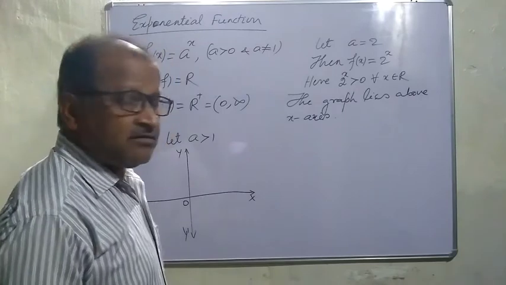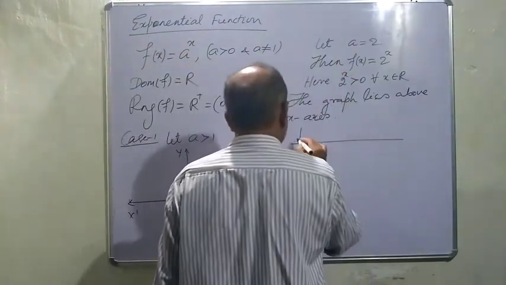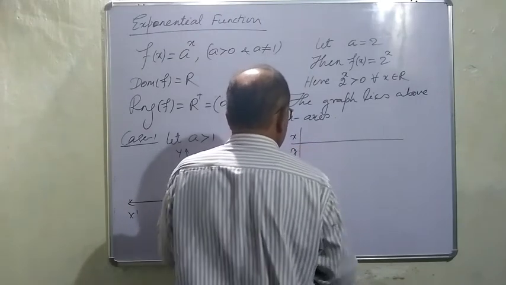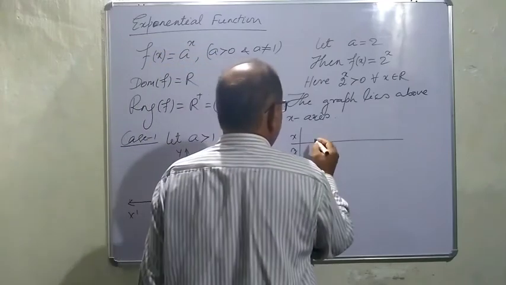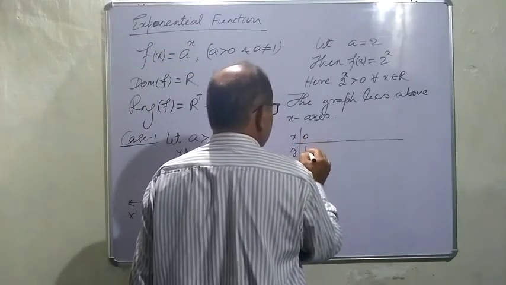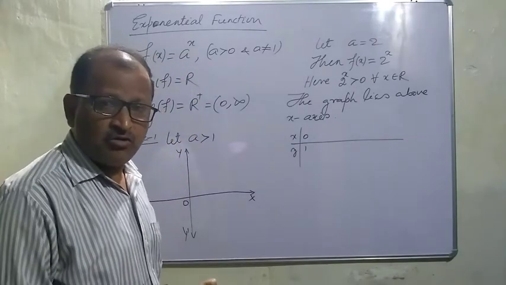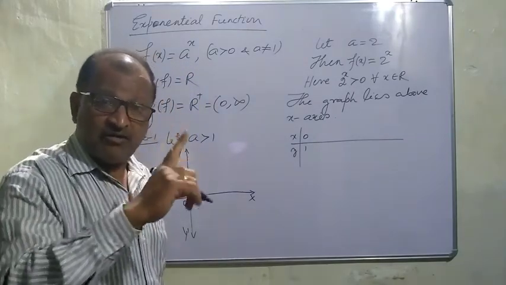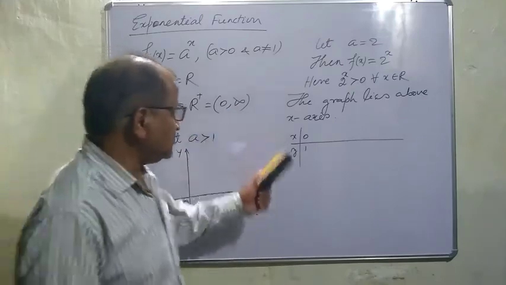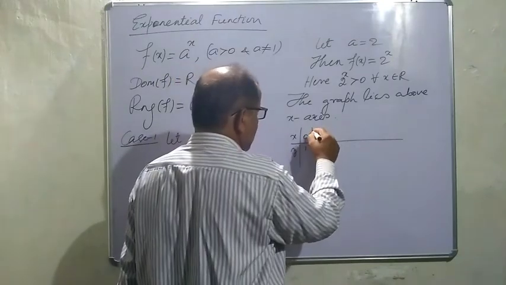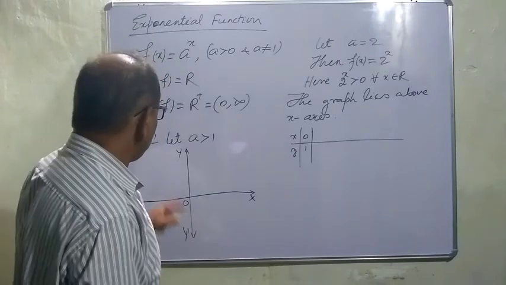Again, you take some points on the graph. Suppose it is x, it is y. We will take different values. If you take x equal to 0, it will be 1. That means this is the point at which it intersects the y-axis, and the value of y is 1.